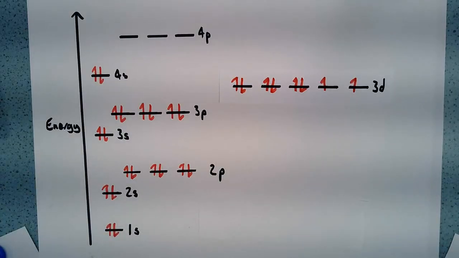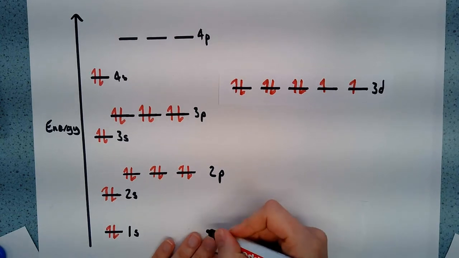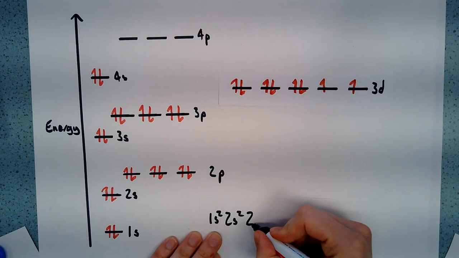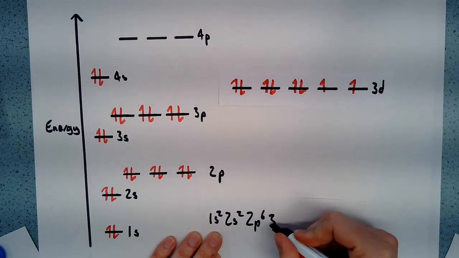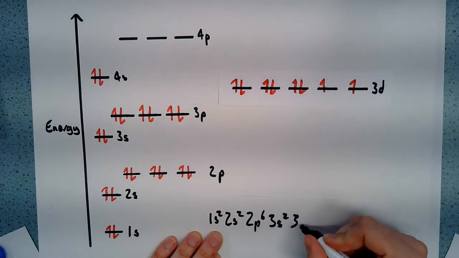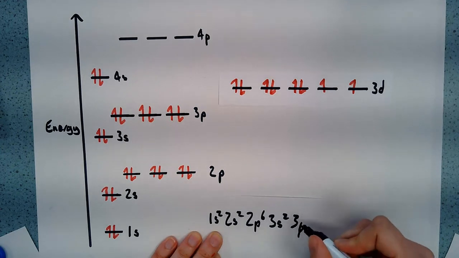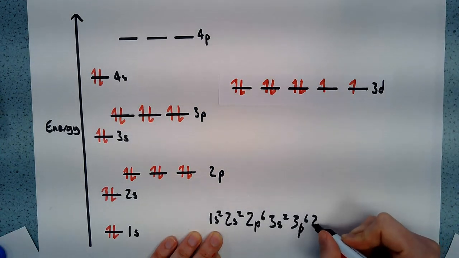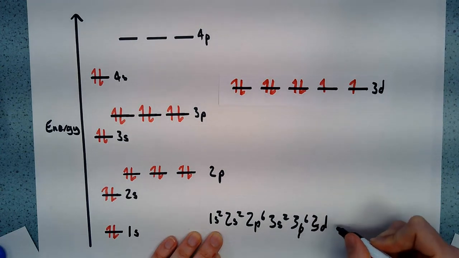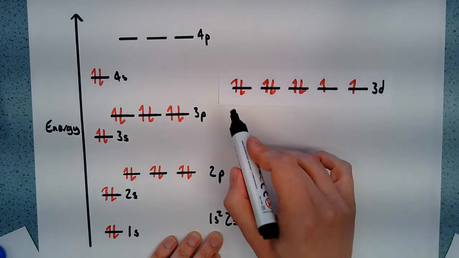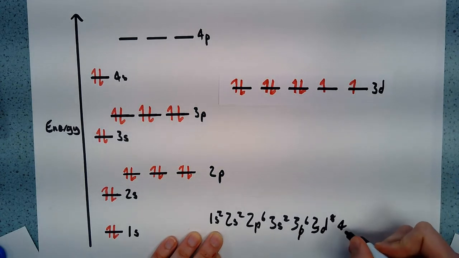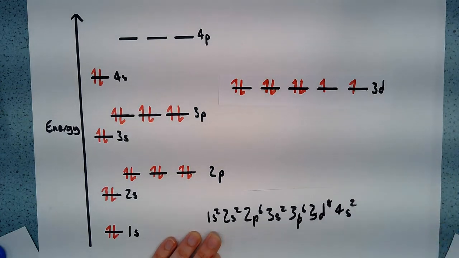So we look at nickel's electron configuration. We have 1s2, 2s2, 2p6, 3s2, 3p6, 3d8, 4s2.